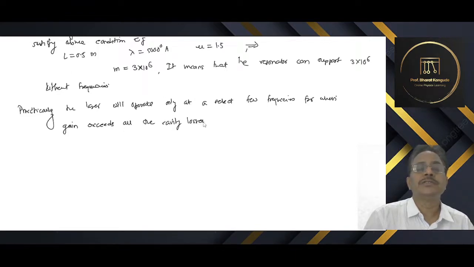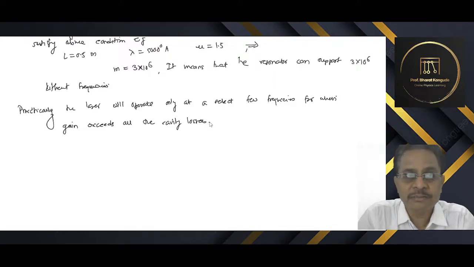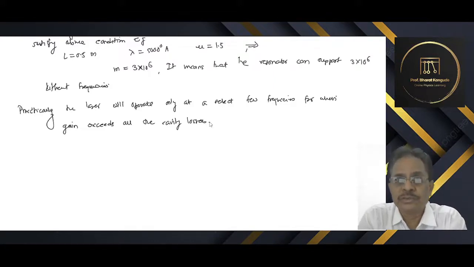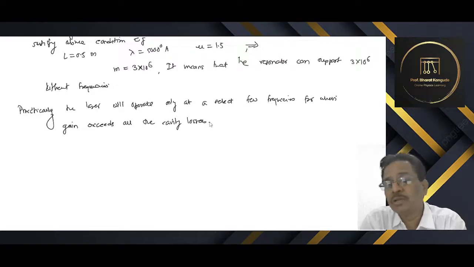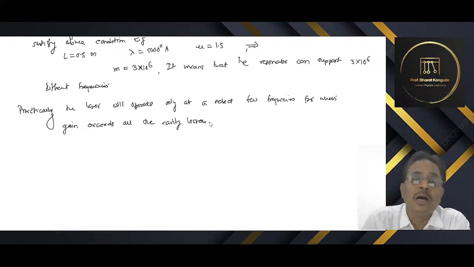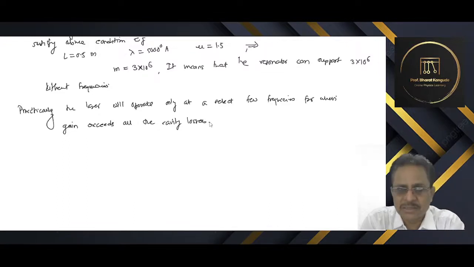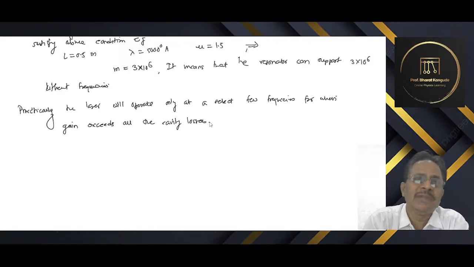losses. Yesterday we have seen there is scattering, there is absorption, as well as sometimes radiation leakage. There are several other different ways in which radiation is lost, and if the loss is more than the gain amplification, then theoretically we can have any frequencies, but for that particular frequency the proper laser action will not be possible.